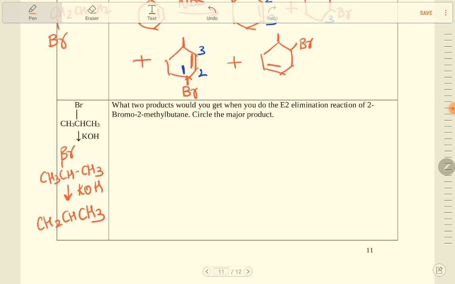That is the E2 elimination product. Now when you look at here, I'm trying to draw fast, this is CH3, CH here, 2-bromo 2-methylbutane.